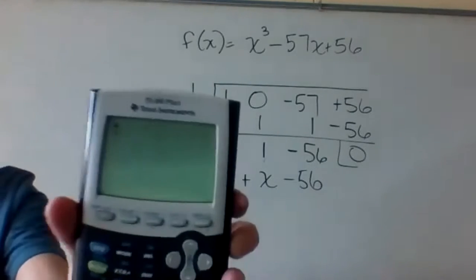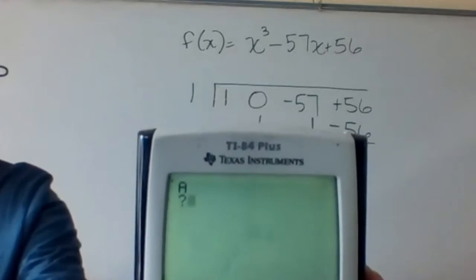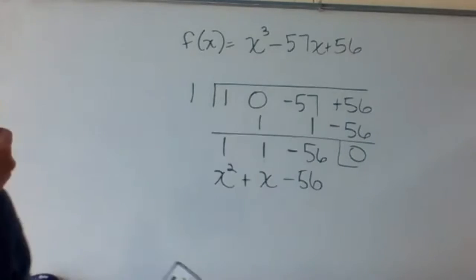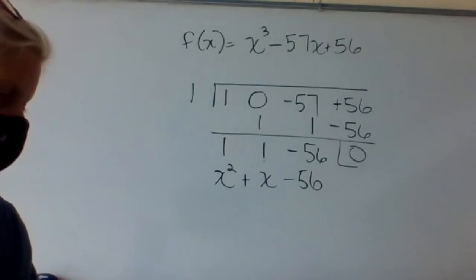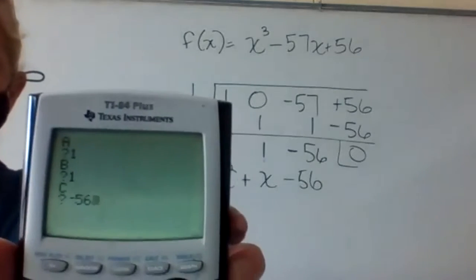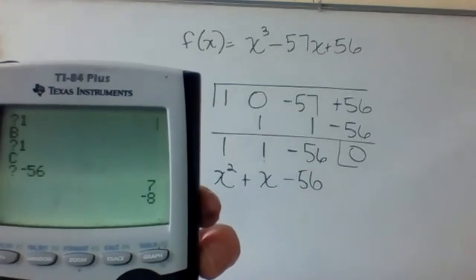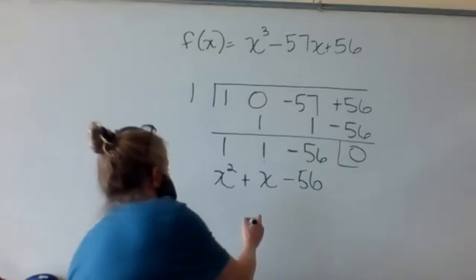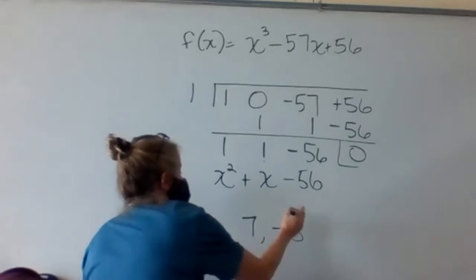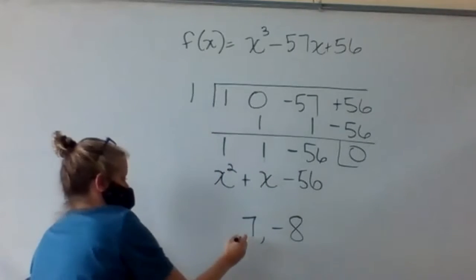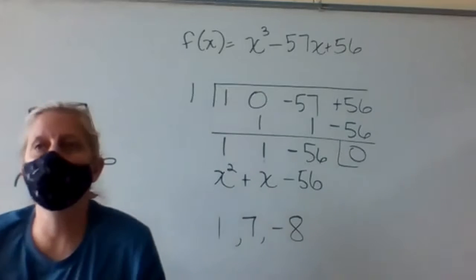Go to your quad, put in your A, B, and C, which would be what? 1, 1, and negative 56. There's your other two zeros, 7 and negative 8. So what was the first one? 1, 7, and negative 8.